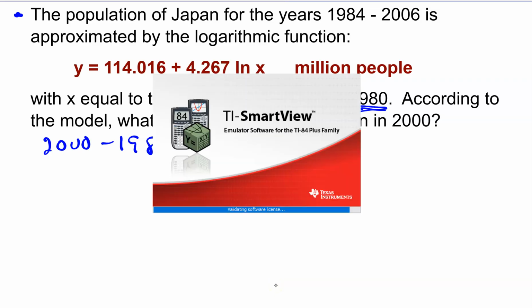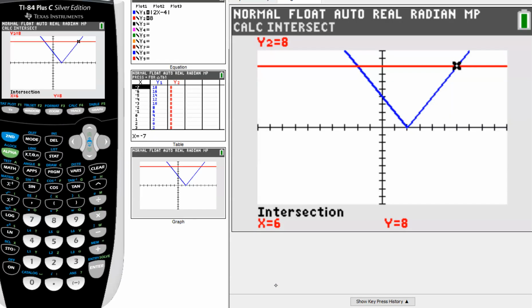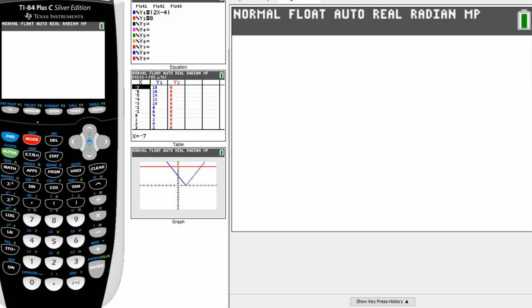Just so you can see where everything is on your calculator, I'm going to say 114.016 plus the natural log of 20.